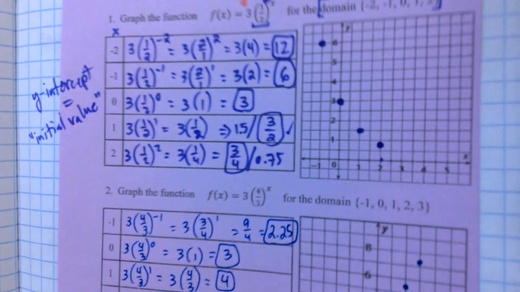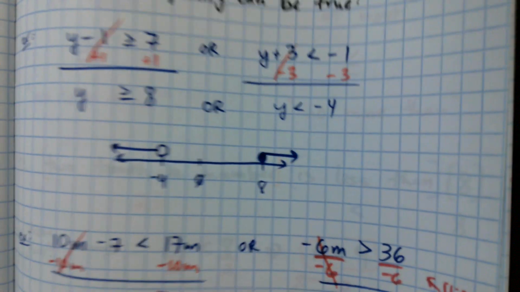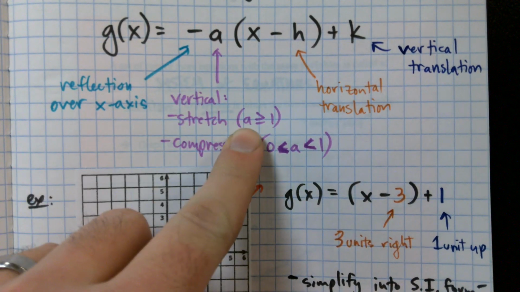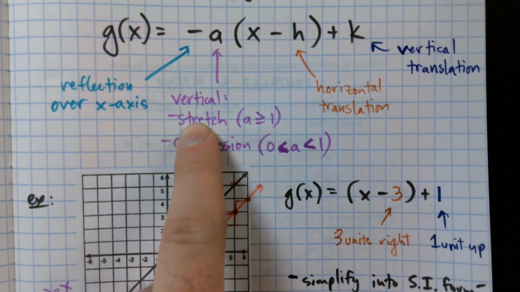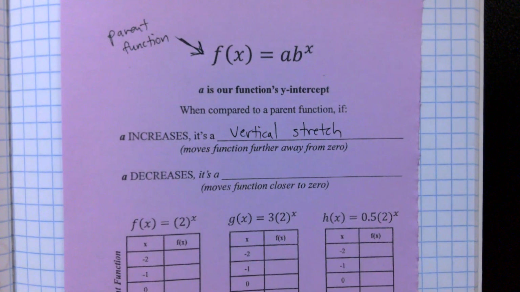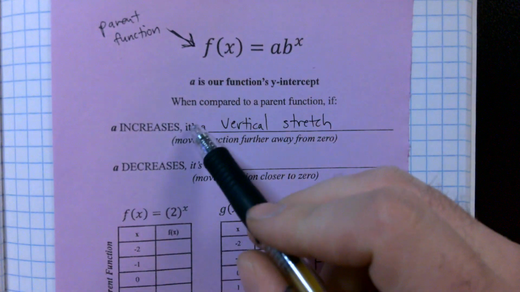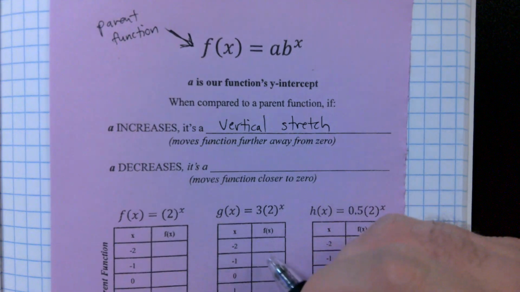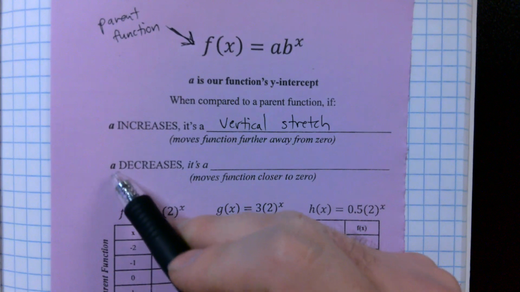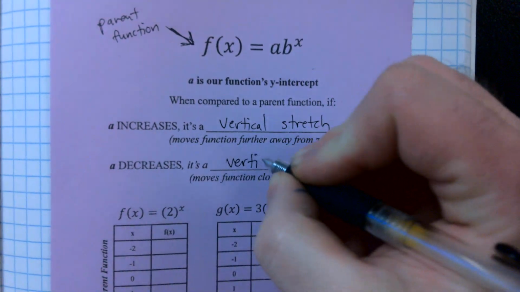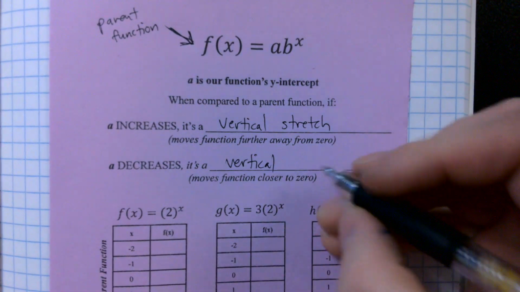Just like on October 24th, we said if A is greater than 1, that's a vertical stretch. Now, if my A gets bigger, same idea, it's a vertical stretch. And what that does is it moves our function further away from 0, okay? Now, if A decreases, it's going to be a vertical, what do you think? Compression, right?